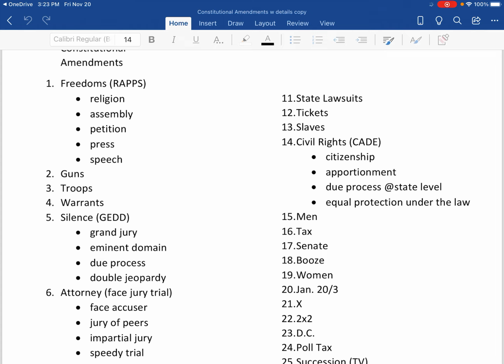Well, could you imagine if that were the case today? But what had happened in the election of 1800 is that Thomas Jefferson and Aaron Burr were actually running mates, and there was a tie between the two. Each of them got the same exact number of votes, but they were running mates.